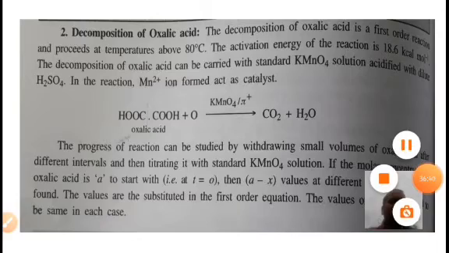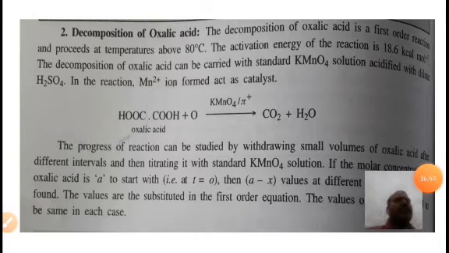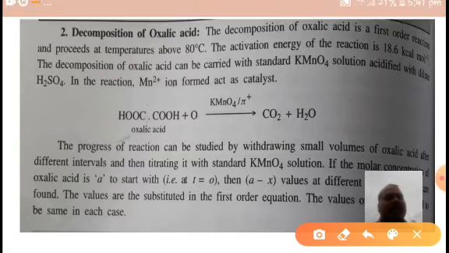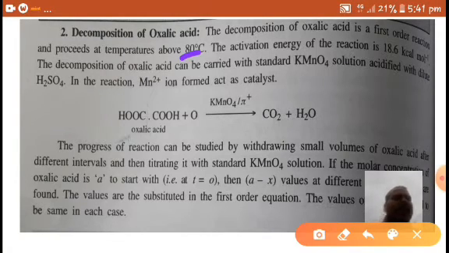And another example of first order reactions is the decomposition of oxalic acid. The decomposition of oxalic acid is a first order reaction and proceeds at temperatures above 80 degrees centigrade. The activation energy of the reaction is 18.6 kilocalories per mole.